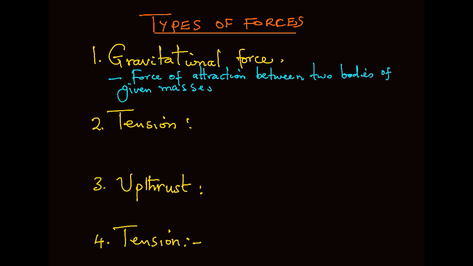If we consider, for example, an object on the Earth's surface and the Earth, when an object falls downwards towards the ground, then we can consider the Earth as one of the bodies of mass m1 and the body that is falling as another mass m2.